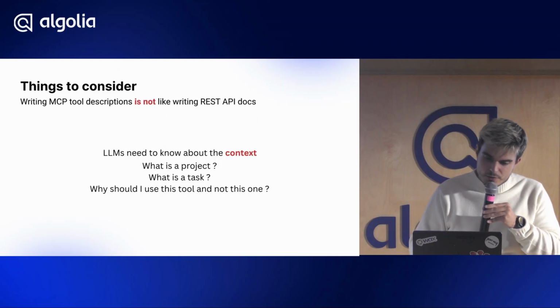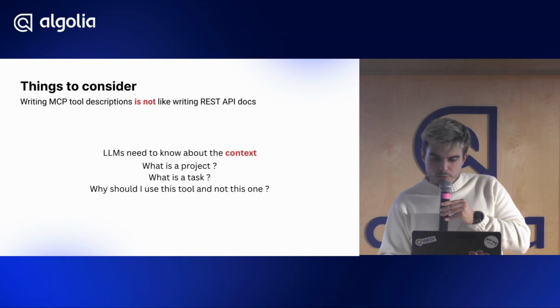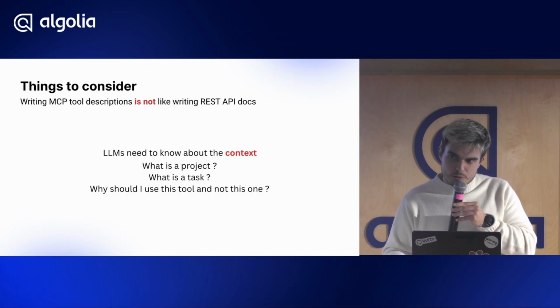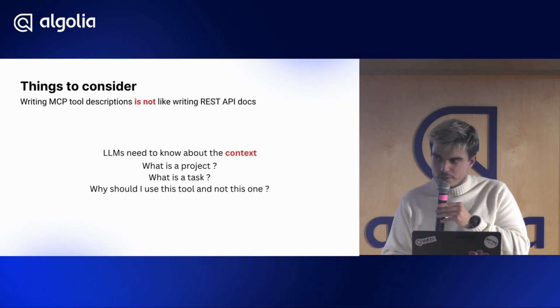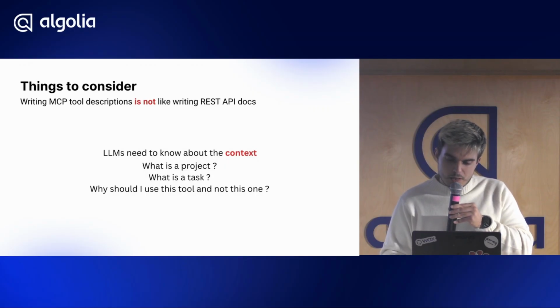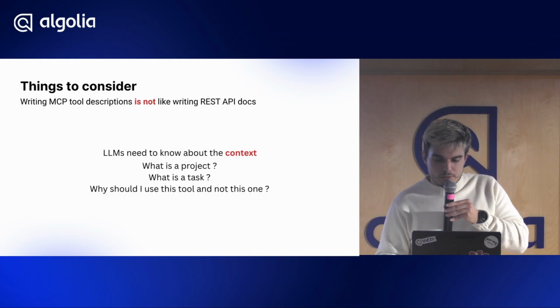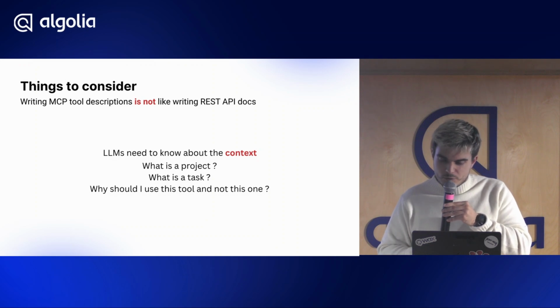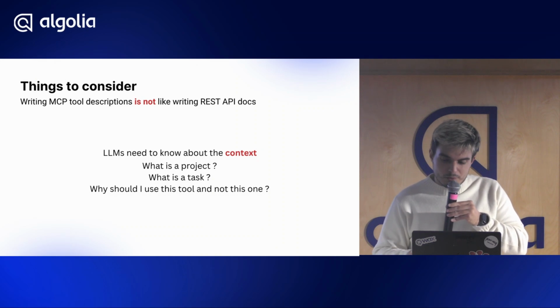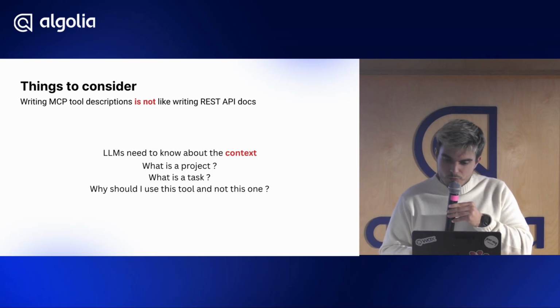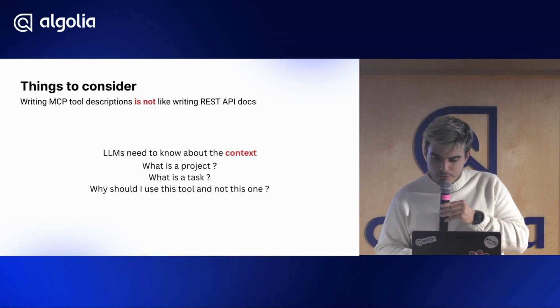But there are things to consider as well when you're writing MCP. The tool descriptions are not like writing REST API docs. LLMs need to know more about the context. Just imagine that you're a Rails developer, any developer, and you receive a link from someone and they say, please implement this. You don't know about that company, you don't know what it does, you don't know the context, you won't understand anything that is written in the documentation.